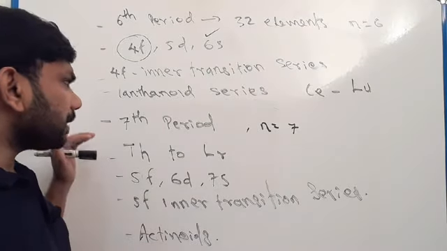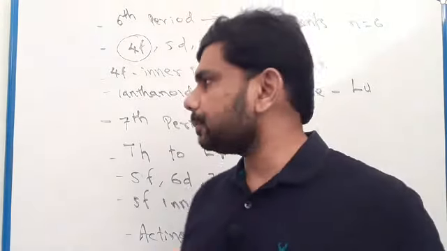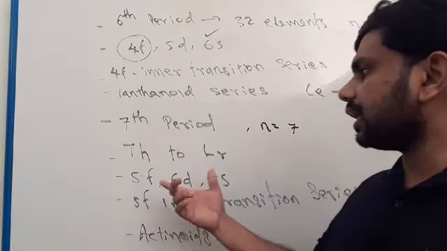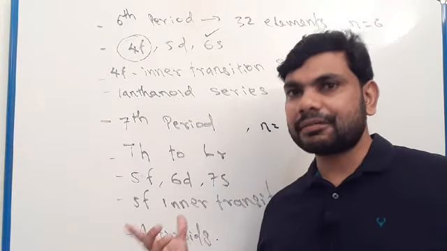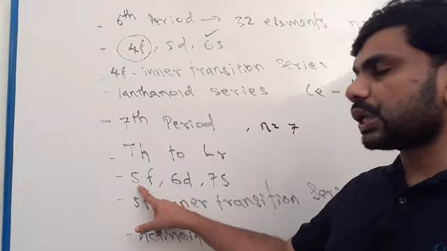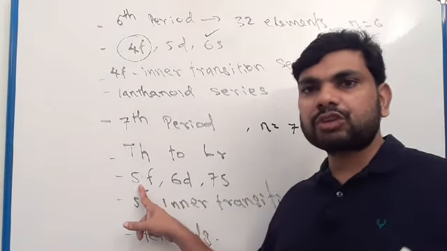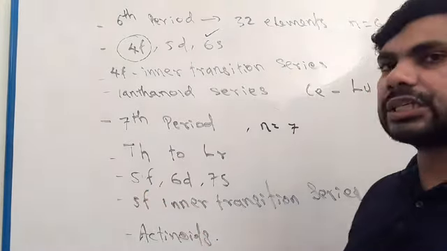Clear? In the 7th period, here n is equal to 7. The outer shell electronic configuration is 5f 6d 7s. That's why these elements are called 5f inner transition series.